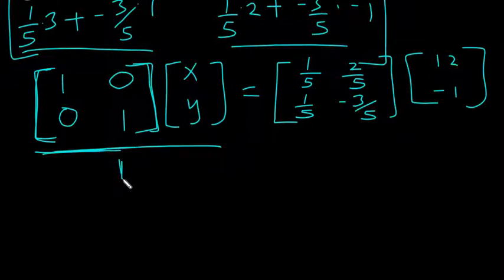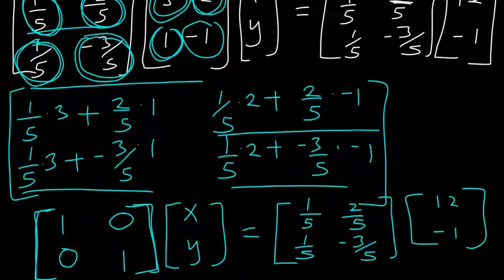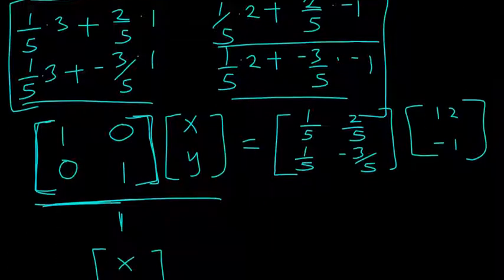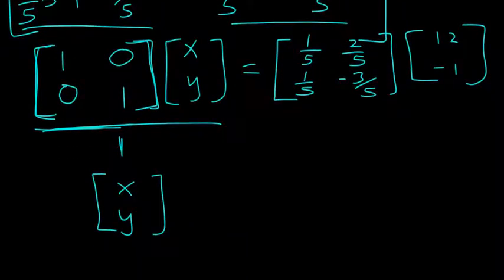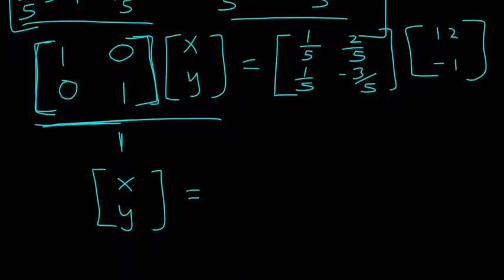So 1 multiplied by x and y will simply be x and y. You don't have to work out all this multiplication of a matrix by its inverse. We could simply write it as x and y, since a matrix multiplied by its inverse is going to be 1. So you just work out the right hand side, and that will save you some time.